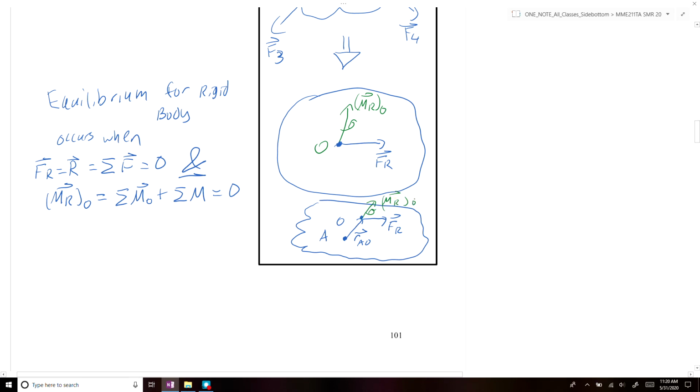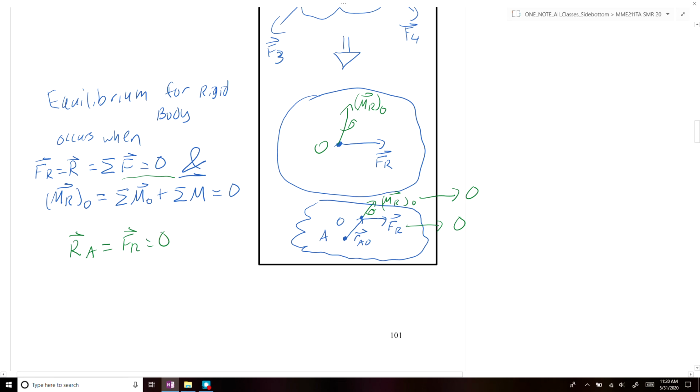Because the equilibrium was satisfied at point O, our resultant force we know is equal to 0, and our resultant moment is equal to 0. So if we found the resultant force about point A, it would be equal to our resultant force, so that would be equal to 0.